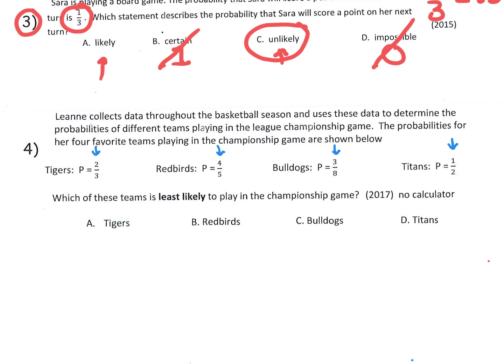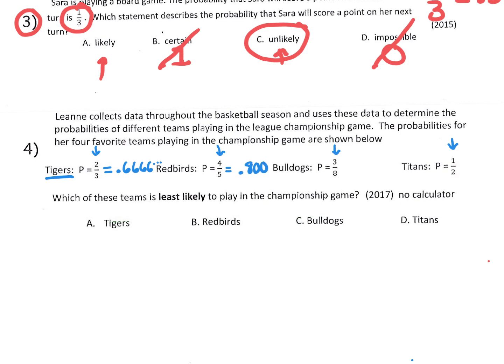Now, we're given the probabilities in fraction form, and it's very difficult to compare if they're in fraction form. But grab your calculator. We're going to divide and turn each of these into the decimal probability. For the first one, the tigers, punch in 2 divided by 3. You should get 0.6666 repeating. For the redbirds, punch in 4 divided by 8. You should get 0.8, and I'll even add a few zeros.